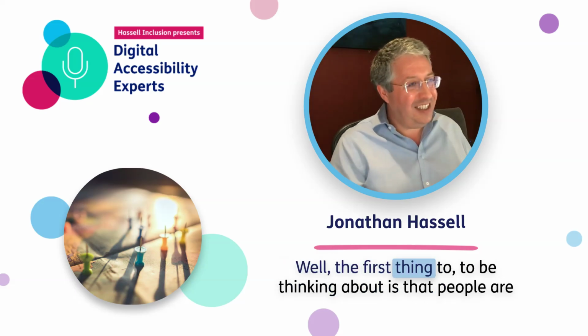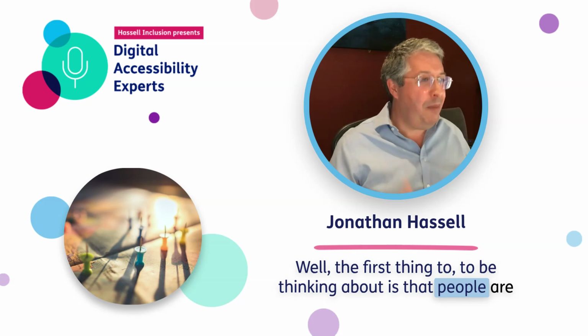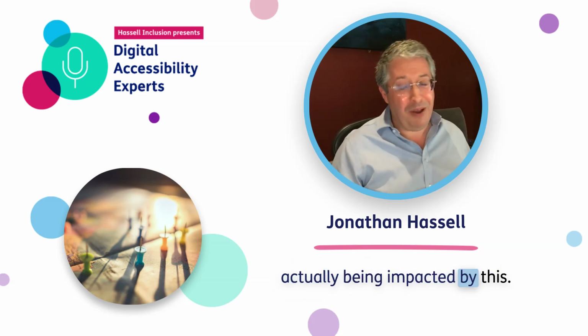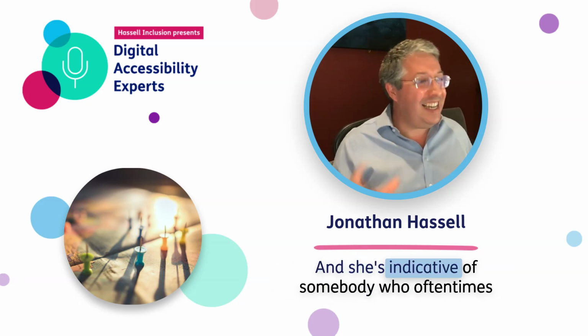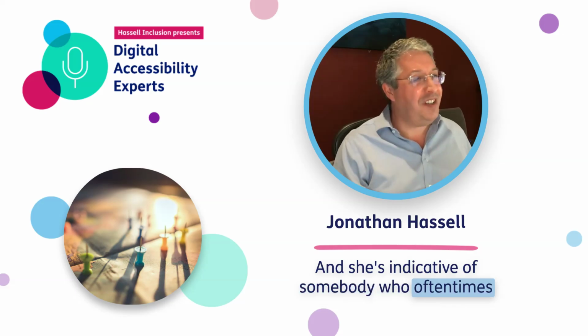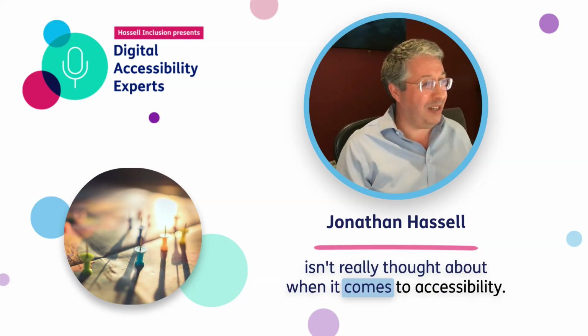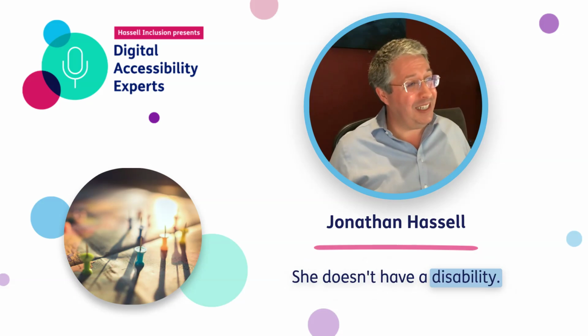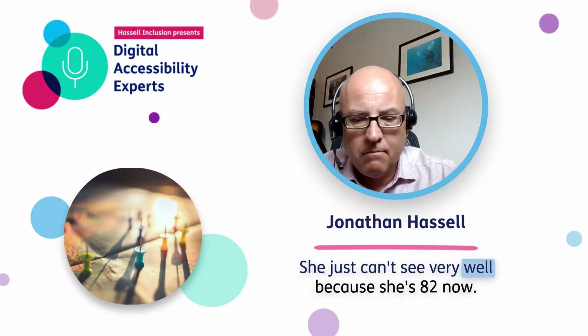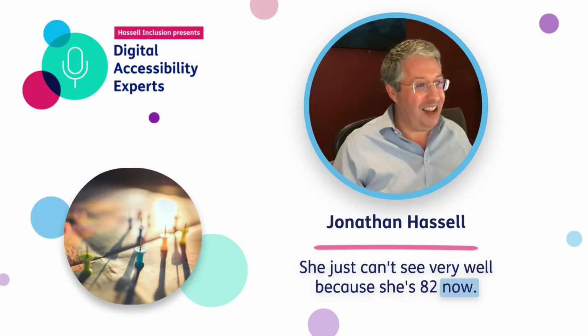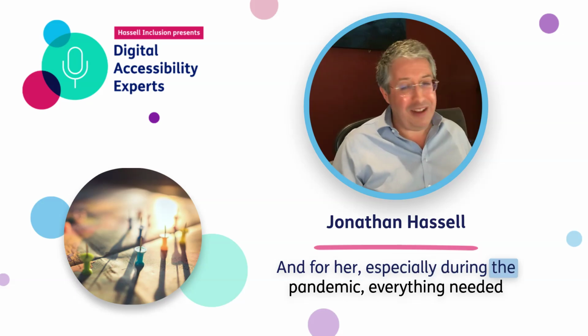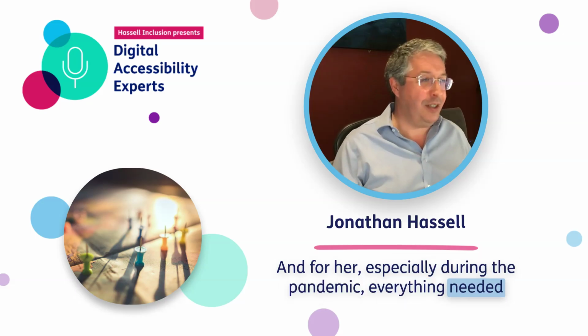Well, the first thing to be thinking about is that people are actually being impacted by this. This is my mum, and she's indicative of somebody who oftentimes isn't really thought about when it comes to accessibility. She doesn't have a disability. She just can't see very well because she's 82 now. And for her, especially during the pandemic, everything needed to be digital.